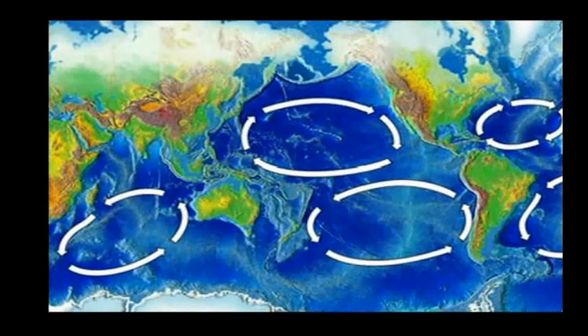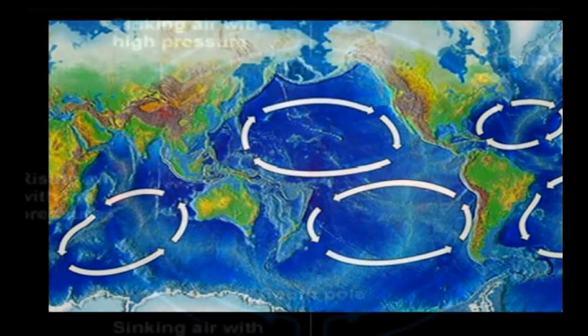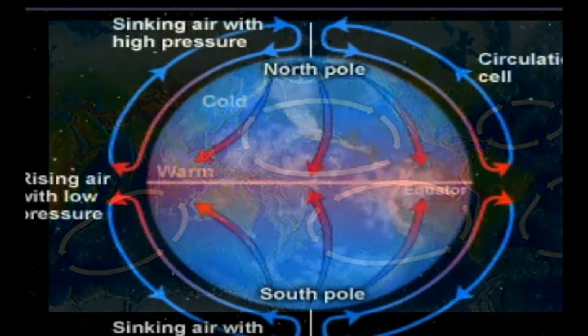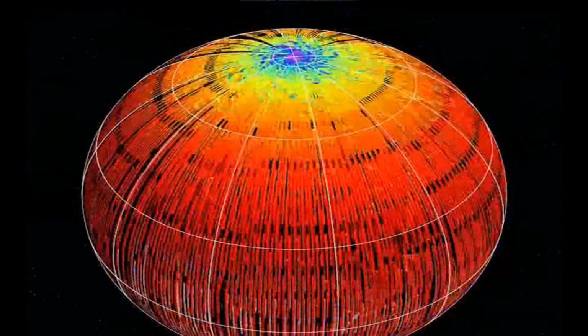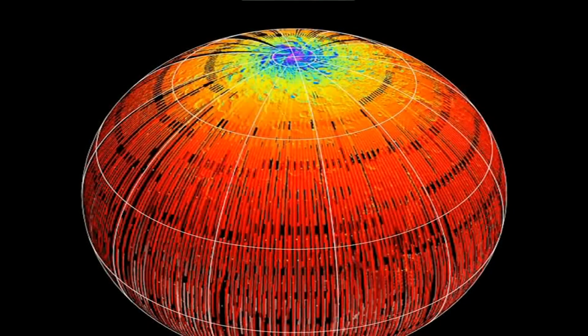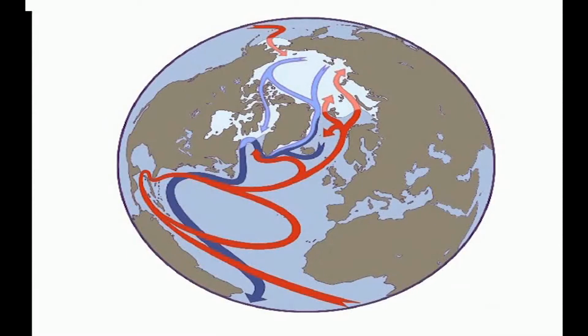Summer temperatures are higher over the continents than over the oceans. The isotherms over the continents bend poleward. Winter temperatures are lower over the continents than over the oceans. The isotherms over the continents bend equatorward.